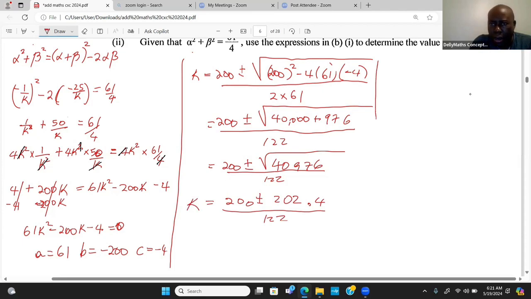So here are the solutions. We're saying that k is equal to 200 plus 202.4 over 122.